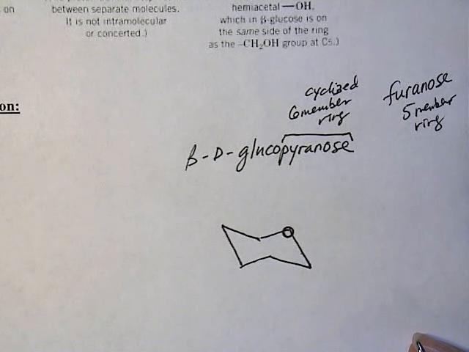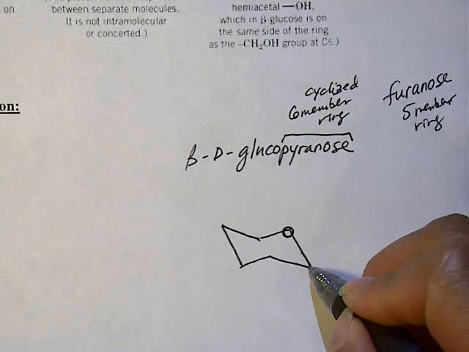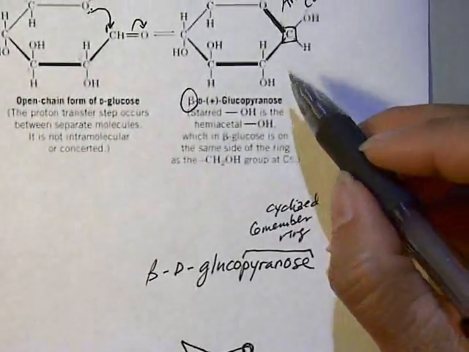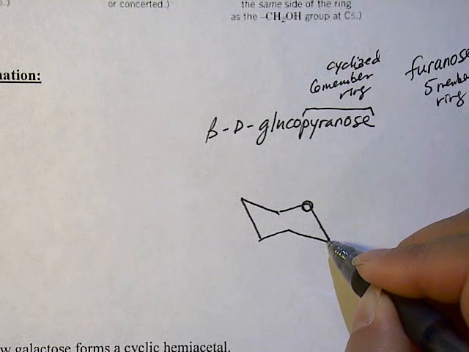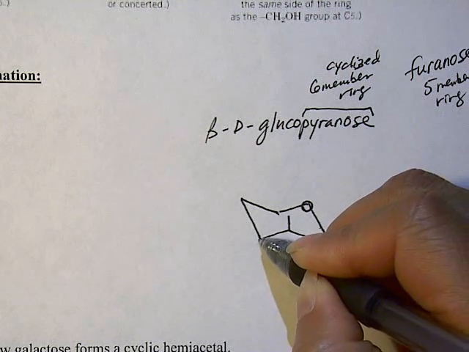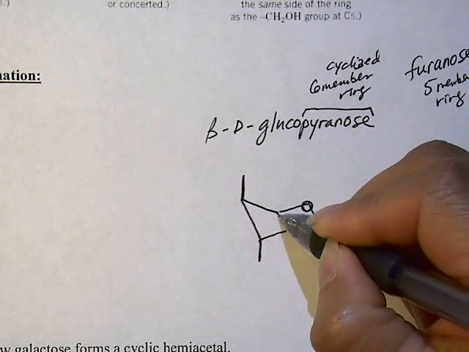All right, so this is your chair conformation, and this is the anomeric carbon. That's the C1 right here. And starting from that carbon, you're going to draw all your axials. So axial here is going to be down, here is going to be up, down. Remember, it takes turns: up, down.